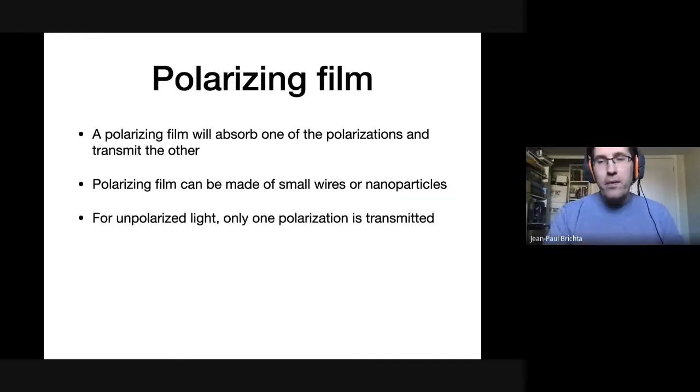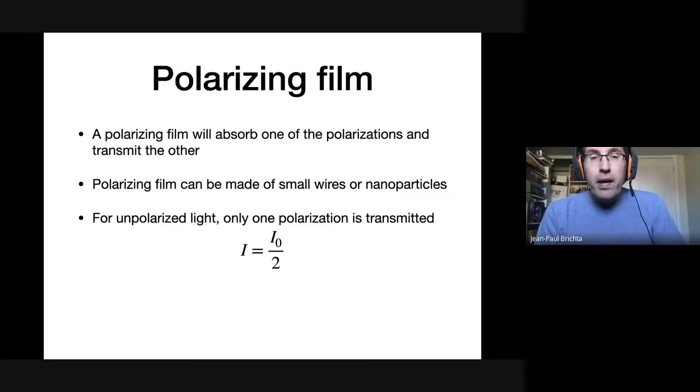So if I have a polarizer which is oriented this way and my light is oriented this way, well, that's not going to get through. Just like in the video, that's not going to get through. But this one will. A wave like this will be able to go through those wires, right? That's basically the idea.